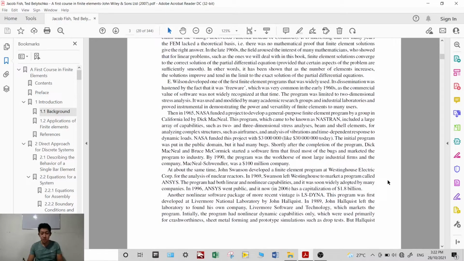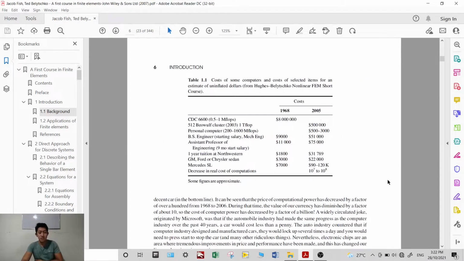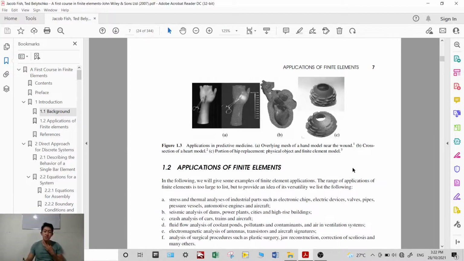So finite element is used in many fields. For example, these are just some of the examples. Okay, stress and thermal analysis of industrial parts. So you can use finite element to solve the stress and thermal analysis of electric devices, automotive engines, and aircraft.